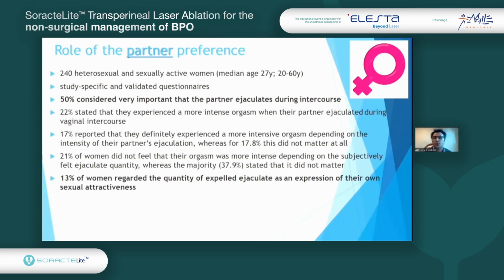Probably because the ejaculation, the expulsion of the sperm, is considered an expression of their sexual attractiveness, or probably they experience a more intense orgasm depending on the intensity of their partner's ejaculation. So ejaculation, which for a traditional urologist is something that can be lost after prostatic surgery, to be honest, to be modern, is not.